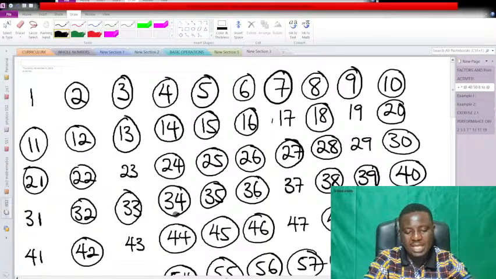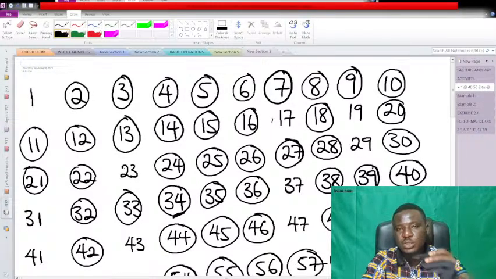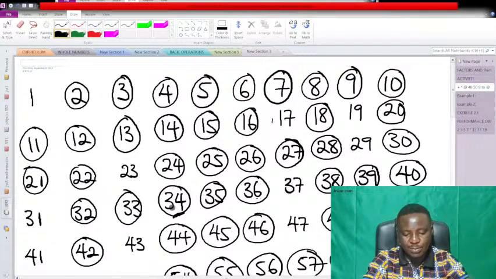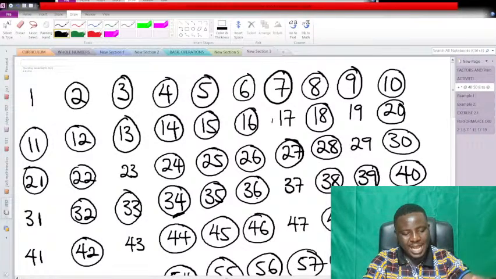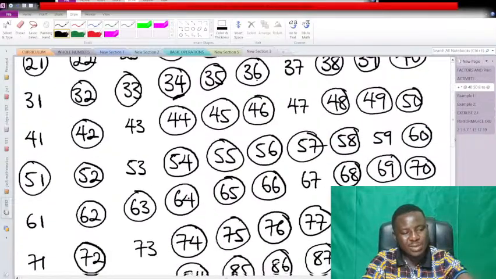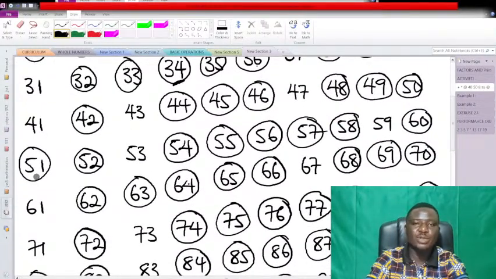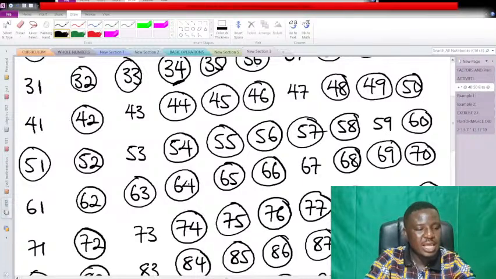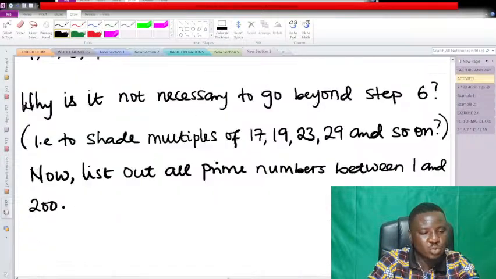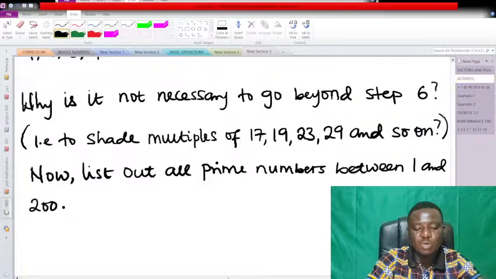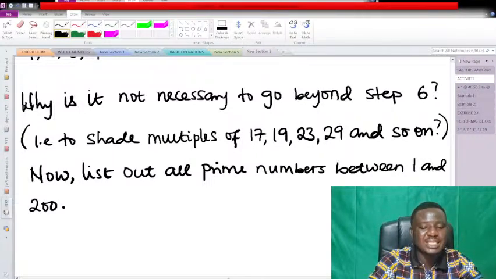And 34 has already been shaded by multiples of 2. Plus, if you add 17 to this again, 34 plus 17 will give you 51. 51 as the next multiple has already been covered by the multiple of 3. So it will just be a waste of time. That was why you don't need to shade multiples of 17, 19, 23, 29, and so on.